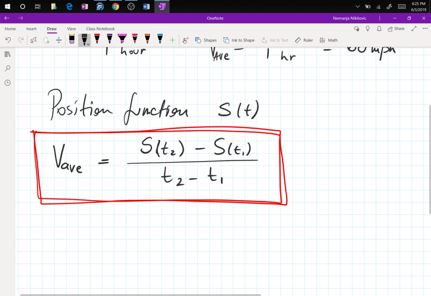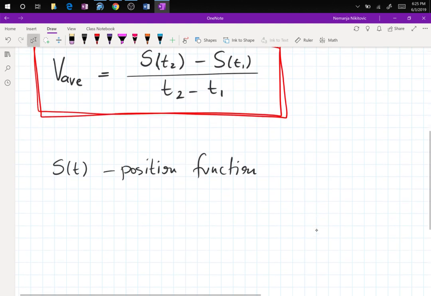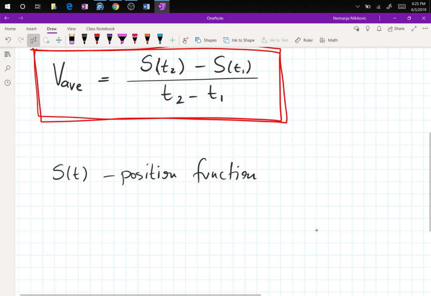So now, when I have a position function, s of t, right? S of t, position. You can give me the various values for t, which is time, and I can compute where I am at that time.